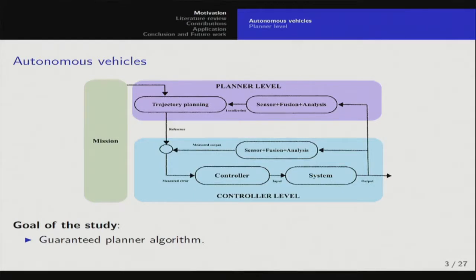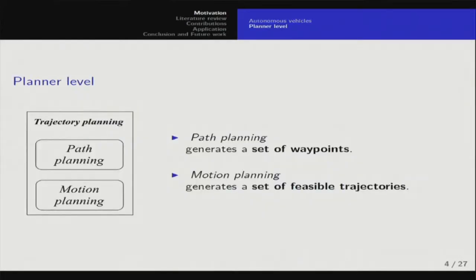Thereby, at the planner level, we have two ways of planning a trajectory. One way is to generate a set of points, and afterwards the controller level will apply some controls to follow these points. And we have the motion planning, which will take into account the dynamic of the system, and we will obtain the trajectories and the controls which are attached to the set of these feasible trajectories.